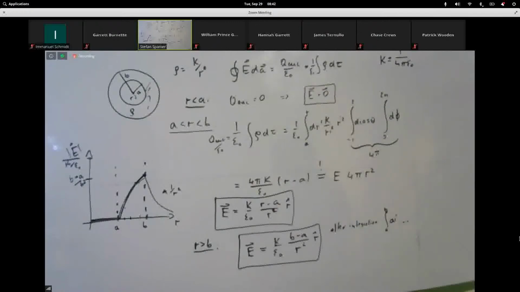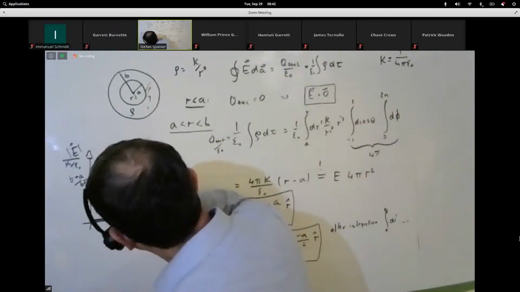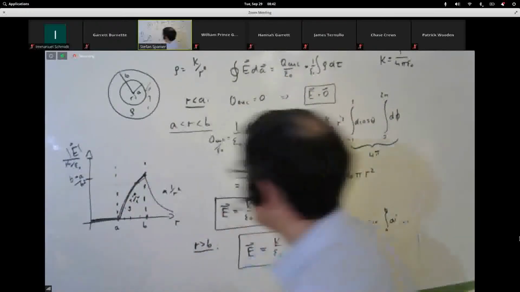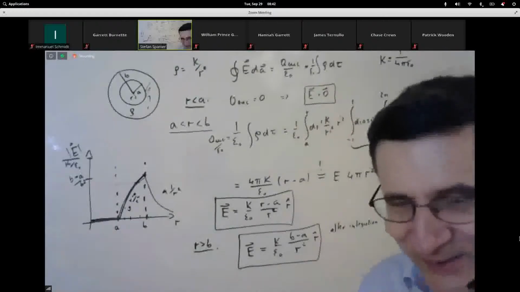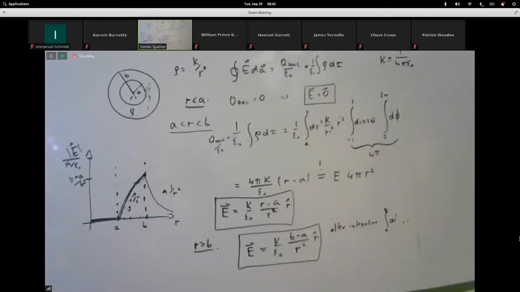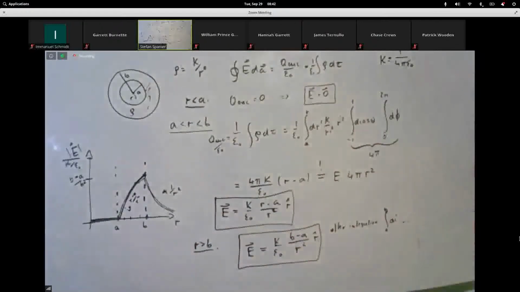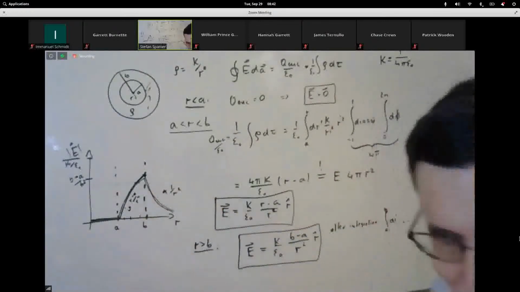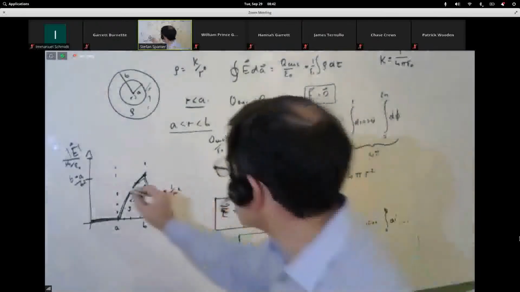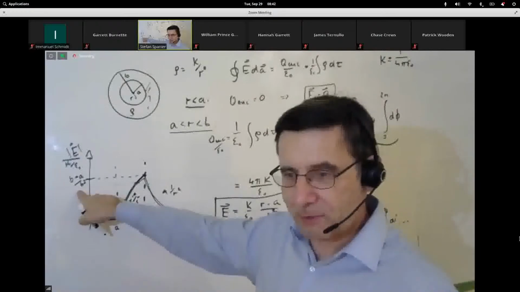And that's the answer. You could write here proportional to r minus a over r square. Questions up to this point, sorry. You don't have to be precise, just give an idea. But it would be nice for complete documentation to, for example, mark the maximum here.